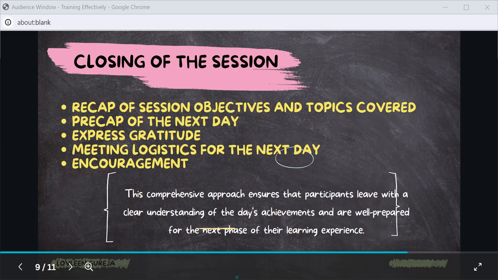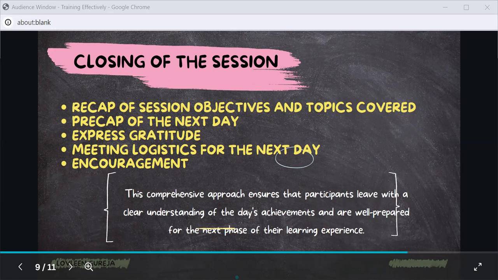So acknowledge their contribution to the learning environment, emphasize their collaborative nature for the training, and acknowledge their efforts. Recognize the effort that they have put in. Recognize the commitment they have demonstrated as participants throughout the session. When you do this, this acknowledgement reinforces their value in the learning community. It reinforces their value in you as a trainer.